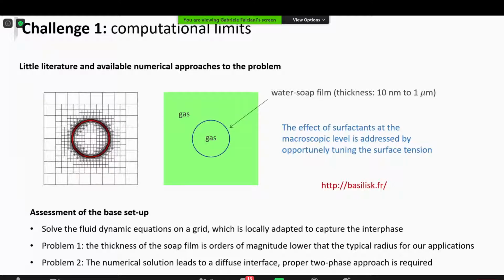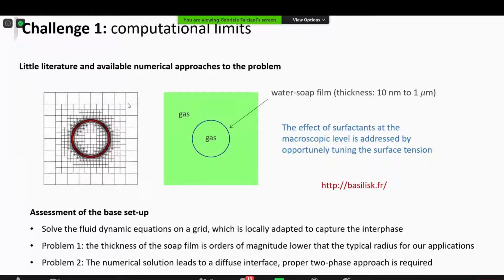As you can see, these squares become smaller and denser approaching the soap film. This occurs because we want to describe precisely this film, which is very, very thin, while on the other hand, the bubble is actually quite large. Of course, in order to get higher accuracy, we have to increase the number of these squares.